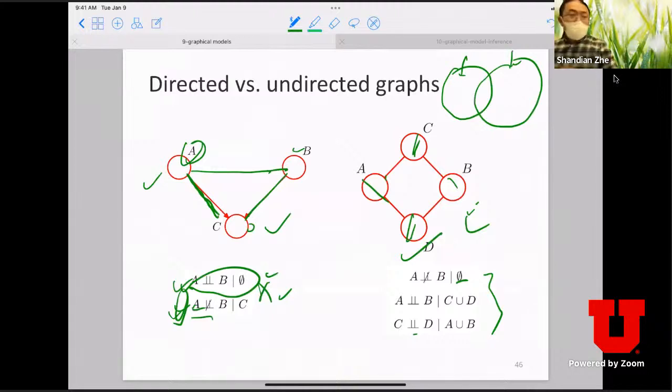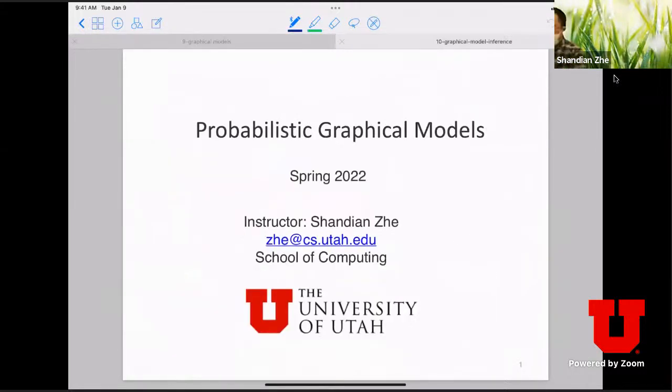Okay, so we're now going to talk about a very important part. Given the model representation, we have a family of models which can flexibly represent a bunch of distributions, right?